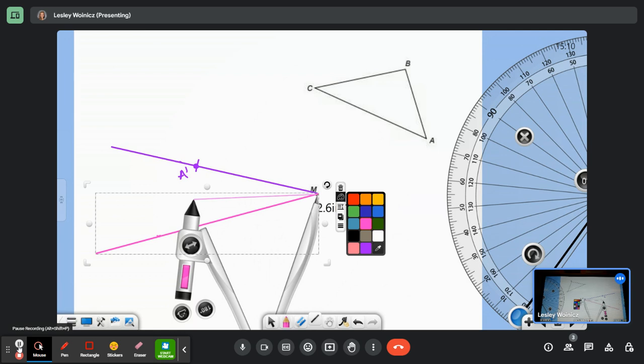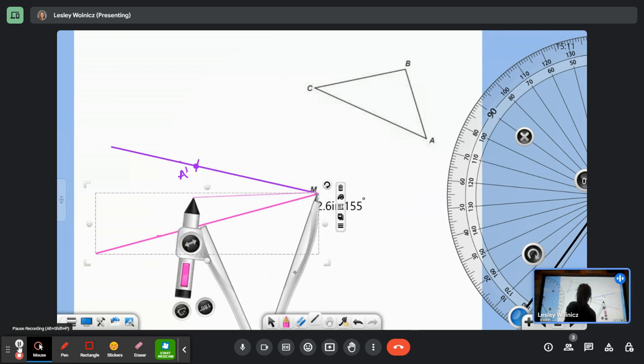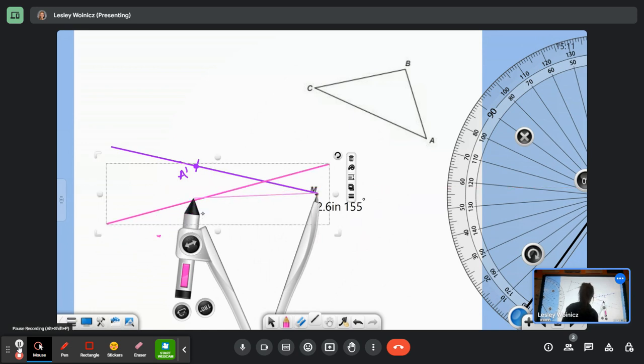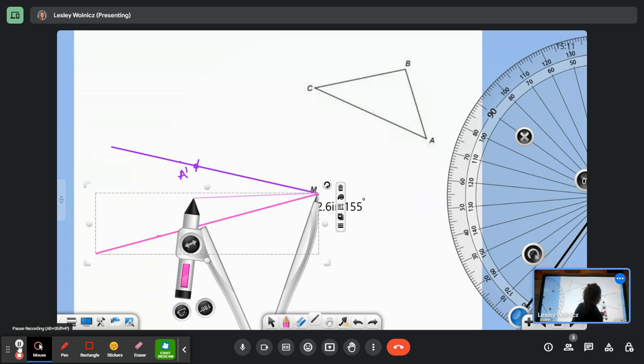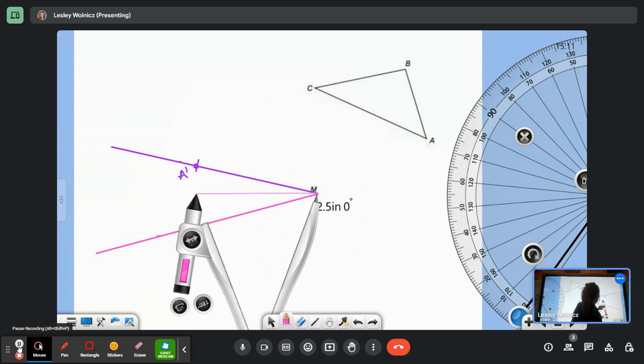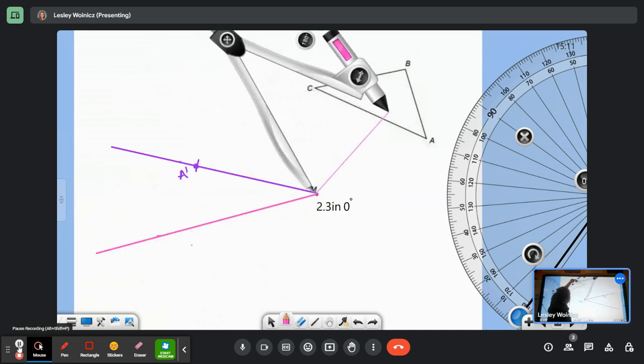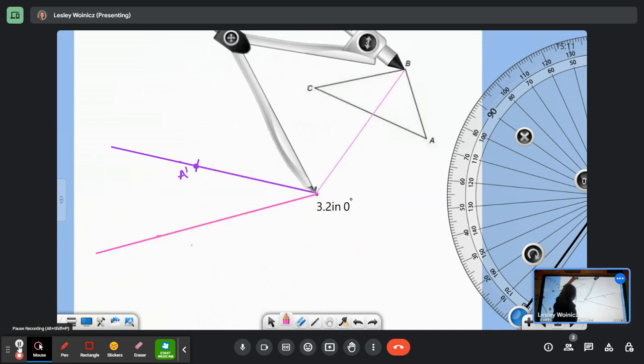Okay, next you're going to take your distance copier, your compass, and copy the distance from M to B. So point on M, pencil on B. You do not have to make the entire arc.